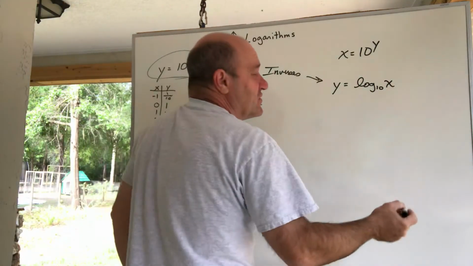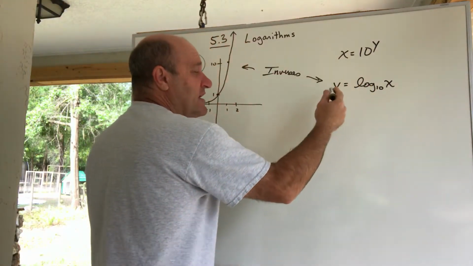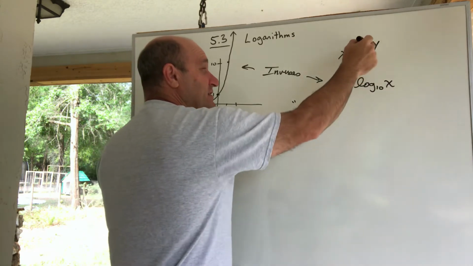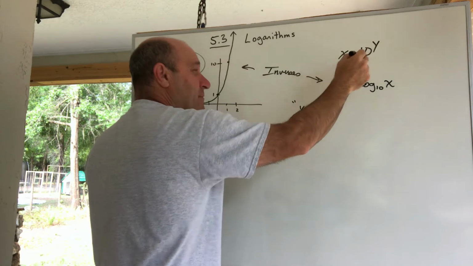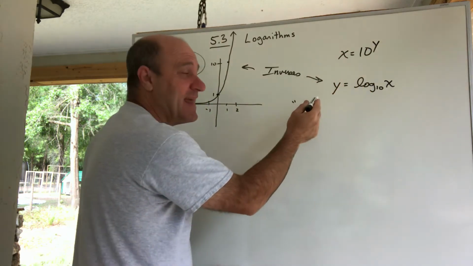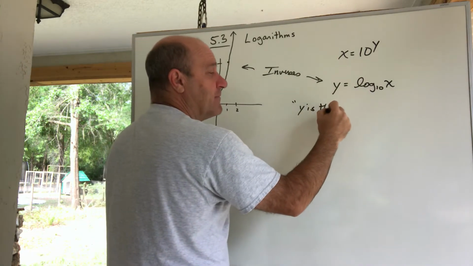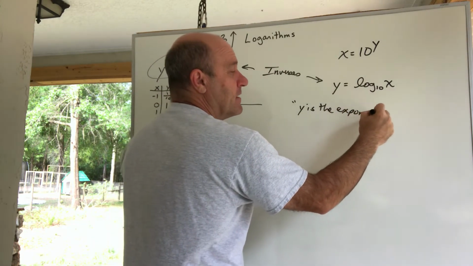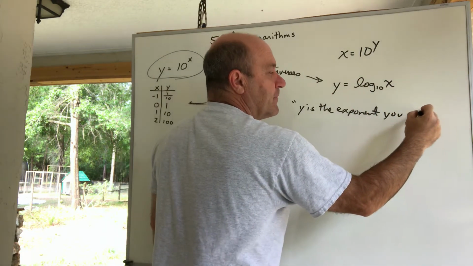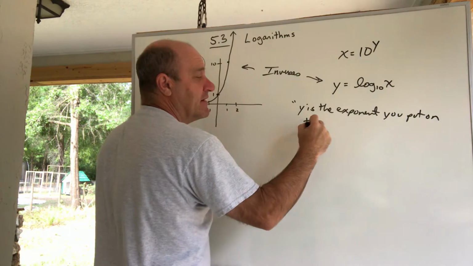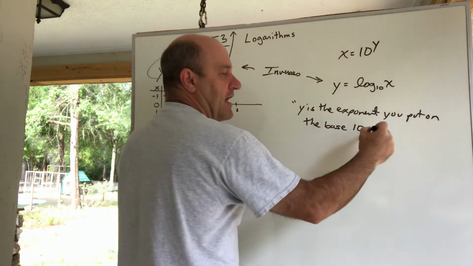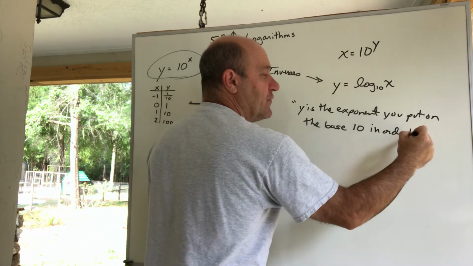So what is a logarithm? You kind of know it because you learned how it came from this. The answer to a logarithm, y, is the exponent you put on the base, in this case 10, in order to get x.